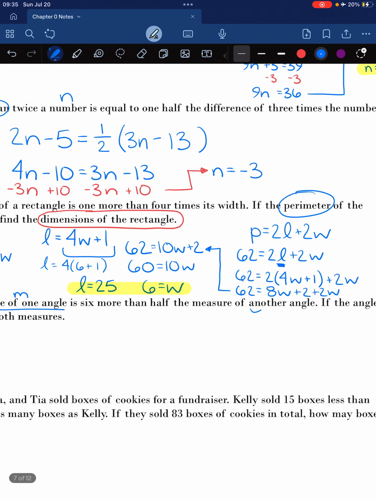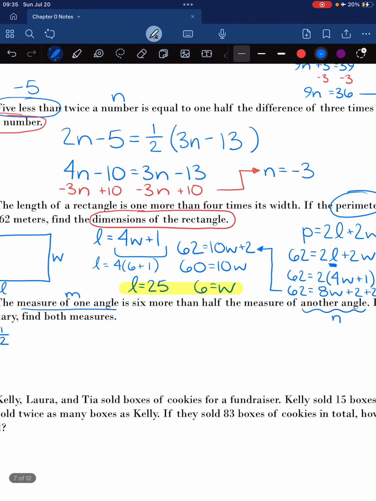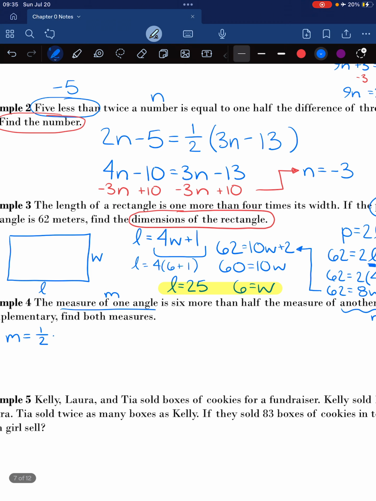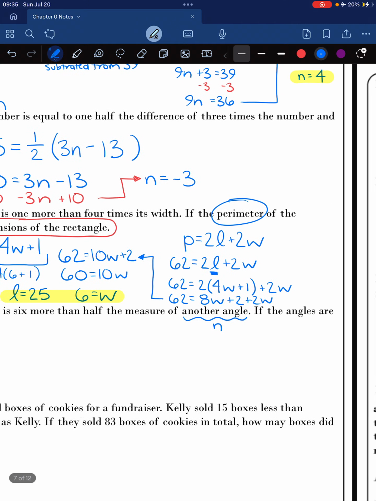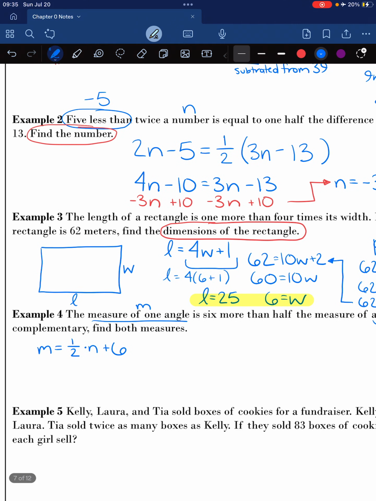So 1/2, but I need another angle. So maybe since I used M, I'll use N for this one. So half of N, and then 6 more than that, plus 6.